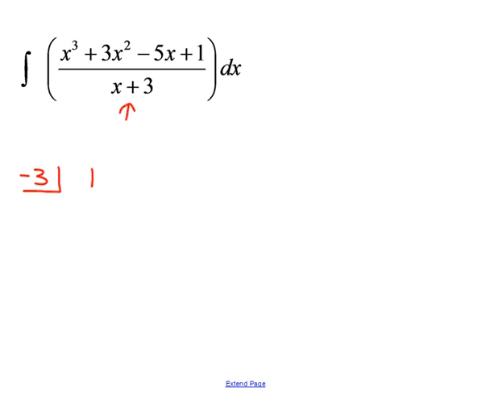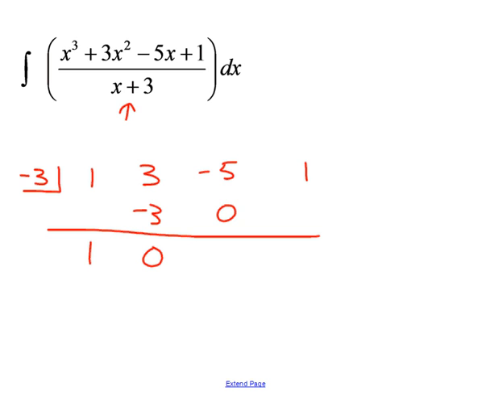So I have a 1, a 3, a -5, and a 1. And I bring down my 1, and then I multiply my -3 by 1, and I add to get 0. And then I multiply again to get 0. And I add to get -5, and -3 times -5 is 15, and I add to get 16.